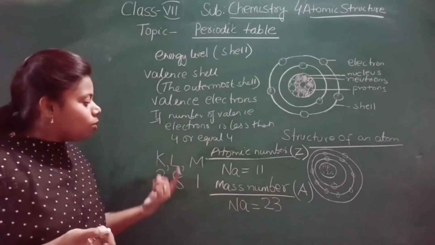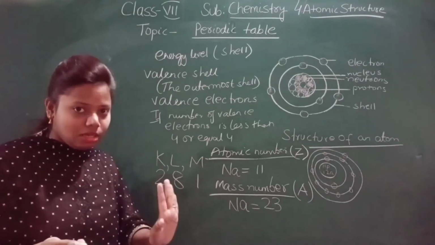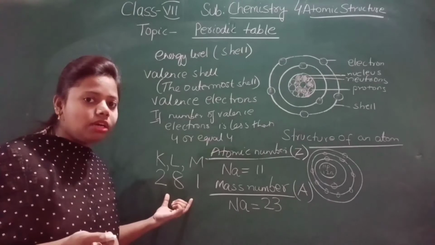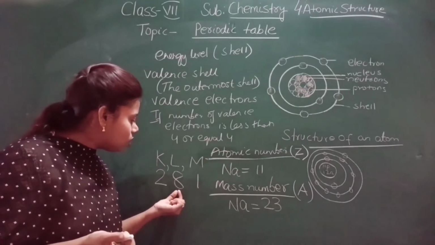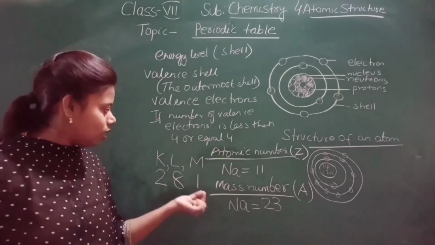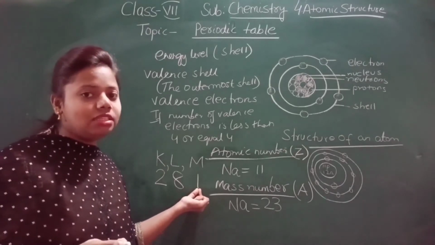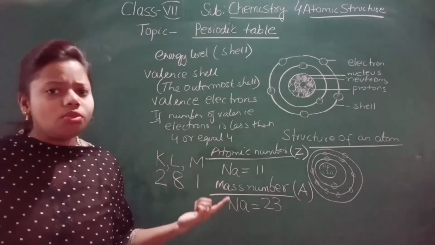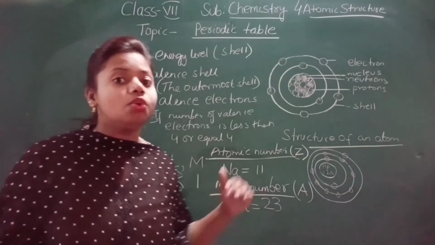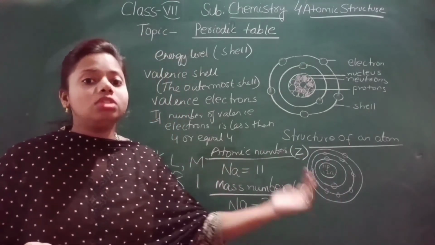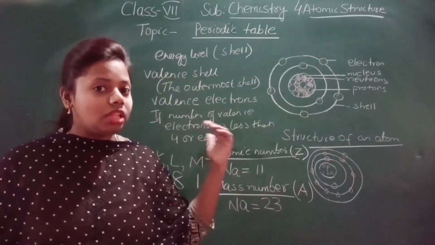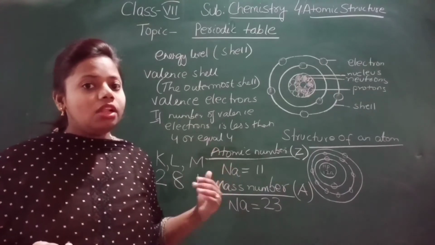Now, this sodium is not stable. To become stable, the outermost shell should have 8 electrons, but in the valence shell there is only 1 electron. So they don't want this 1 electron; they will donate it, they will lose it, which I have already taught you in ions.